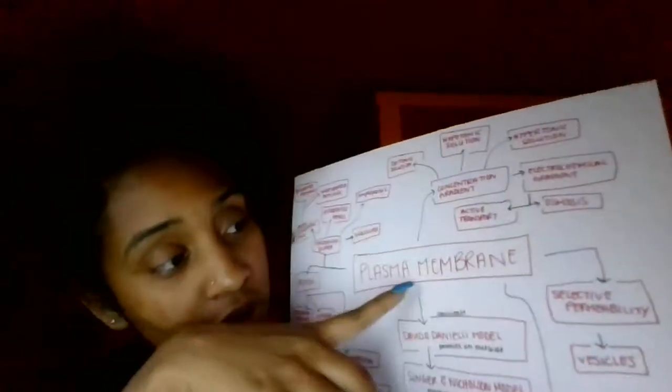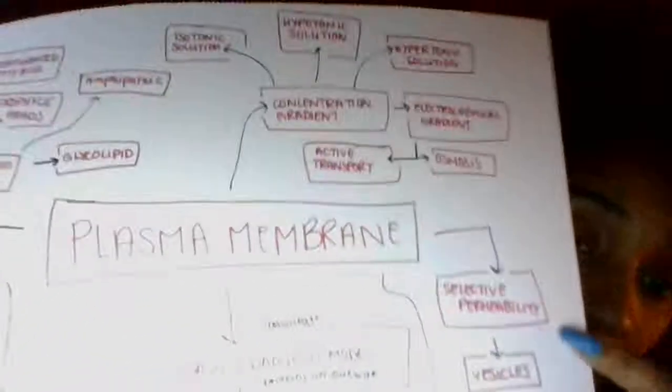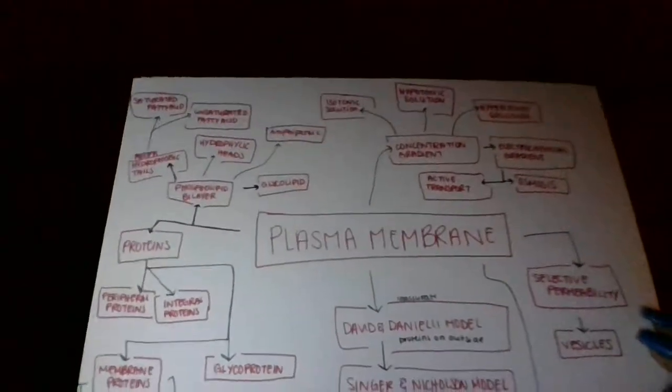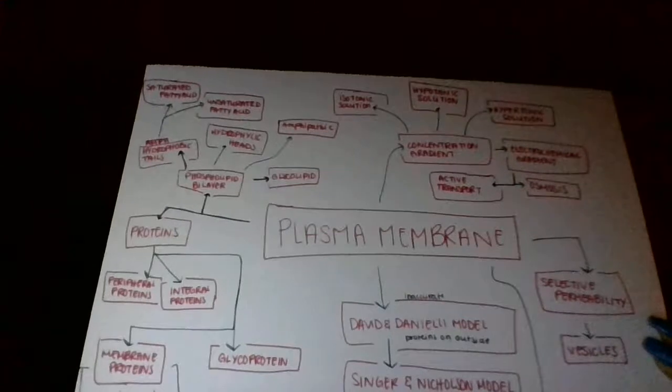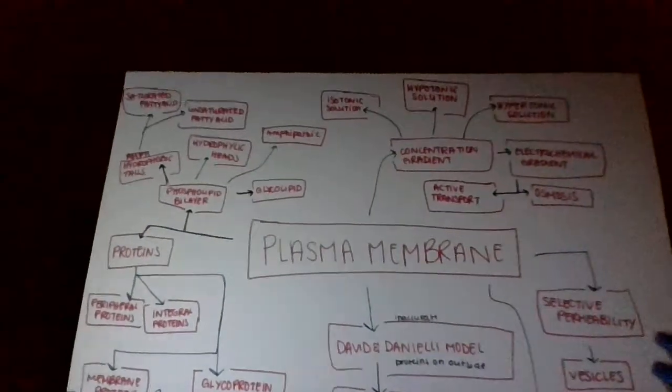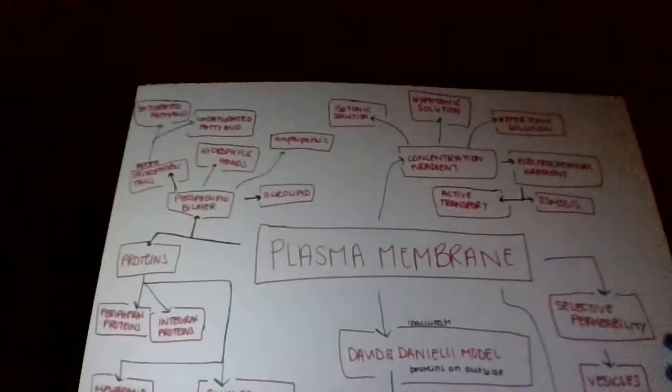And then after that, we can conclude by going back to the plasma membrane and going to selective permeability. Selective permeability is pretty important because it only allows specific particles to pass through the membrane.